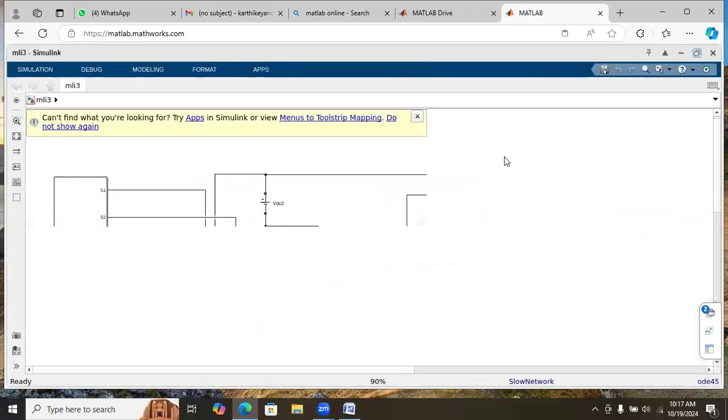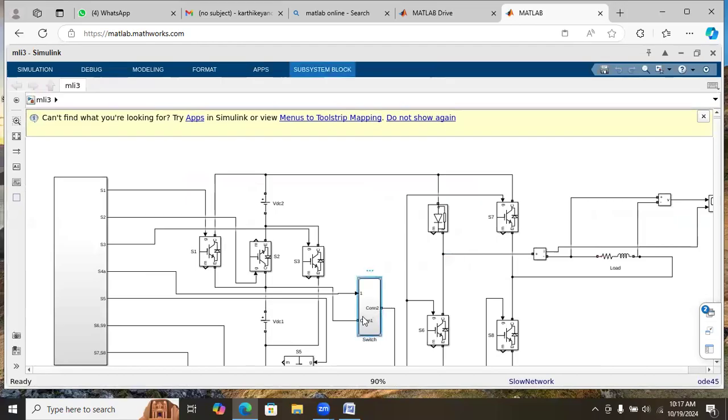Here, we already reduced the back-to-back switches with the help of this bridge setup and one single switch. And here, instead of a switch, we are using a diode. The diode resistance will be higher than that of the IGBT. So when this IGBT is on, the current flow will be in this direction only. And when this IGBT is off, the current will flow through this diode for the positive cycle.